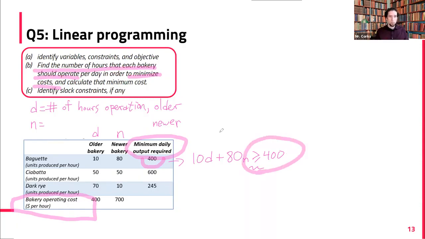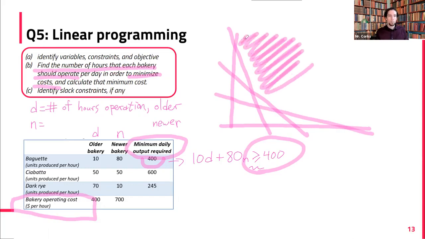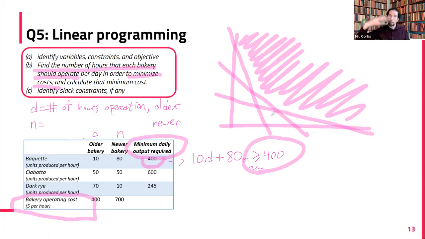Also, what Timothy said with the minimization problem, usually a minimization problem will look like this. In this case, we had 3 different constraints and we would end up shading above all of them. So greater than or equal to will be above the line rather than below the line. So usually, if you see a minimization problem, we would be shading above and they'll probably be greater than or equal.